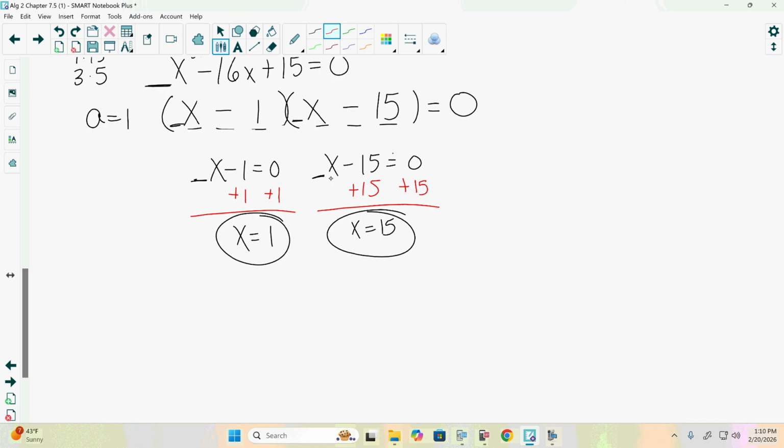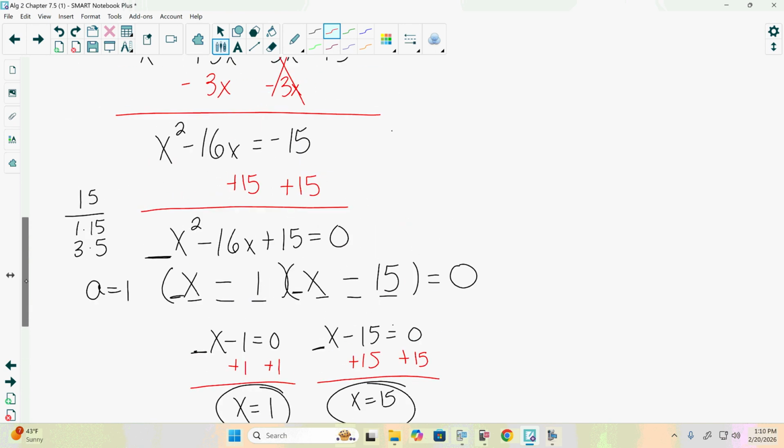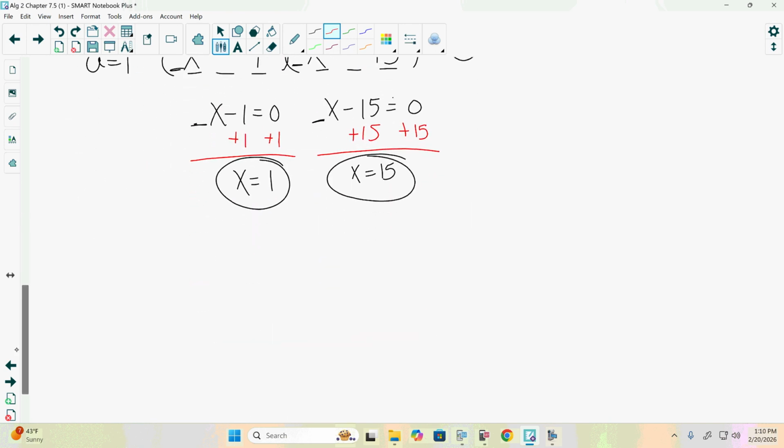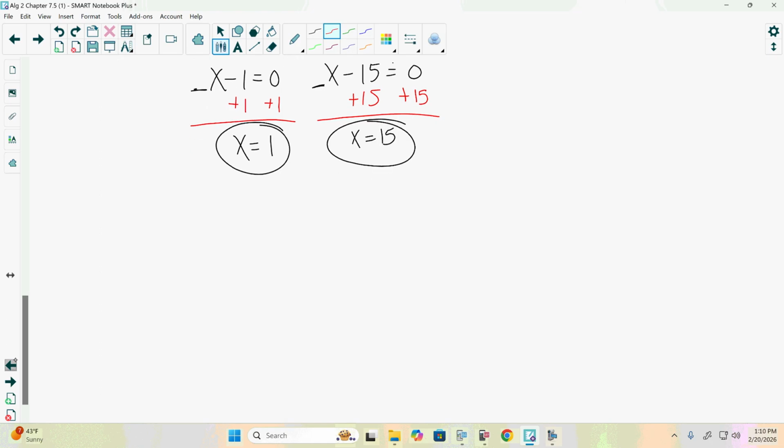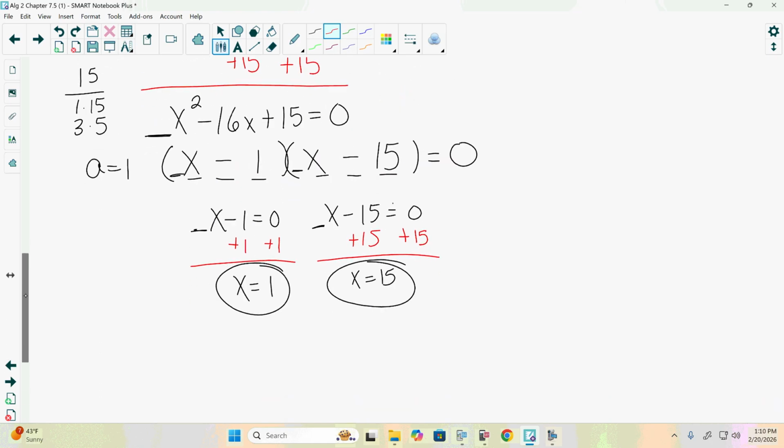So if that a is different than 1, there's a good chance we're going to have fractional answers. But if a is 1, we're going to get integer answers. So we could graph it if it does have integer results.